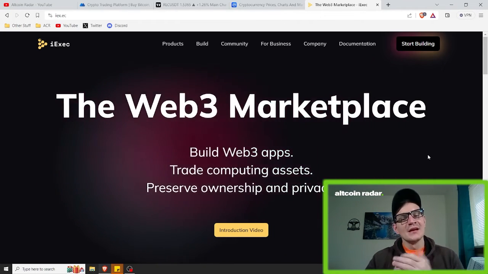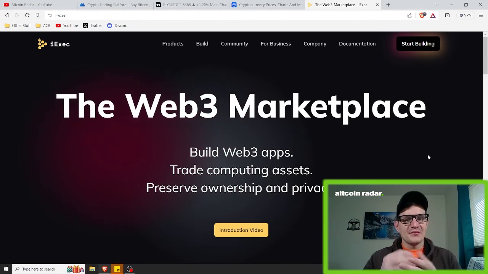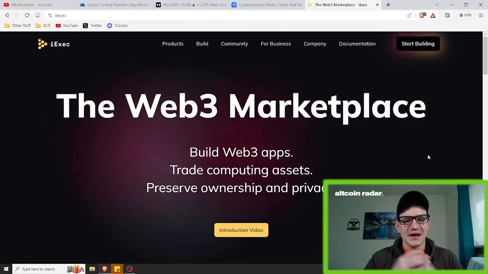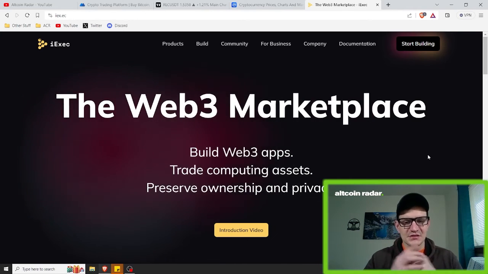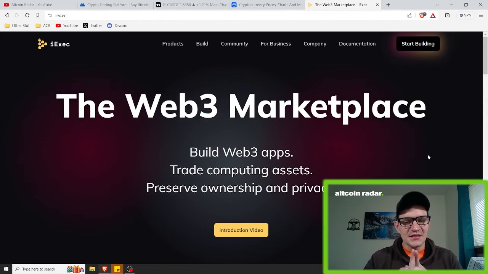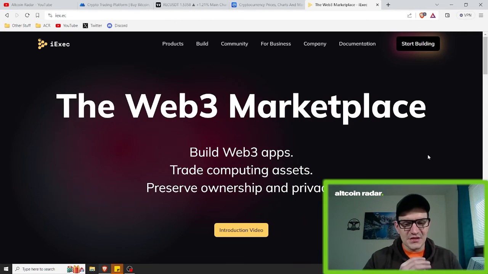Now, as far as use cases are concerned, the biggest one that stands out to me personally is the fact that iExec is focused around real-world applications across all kinds of industries, from rendering CGI in the entertainment industry to running complex simulations and scientific research, for example.